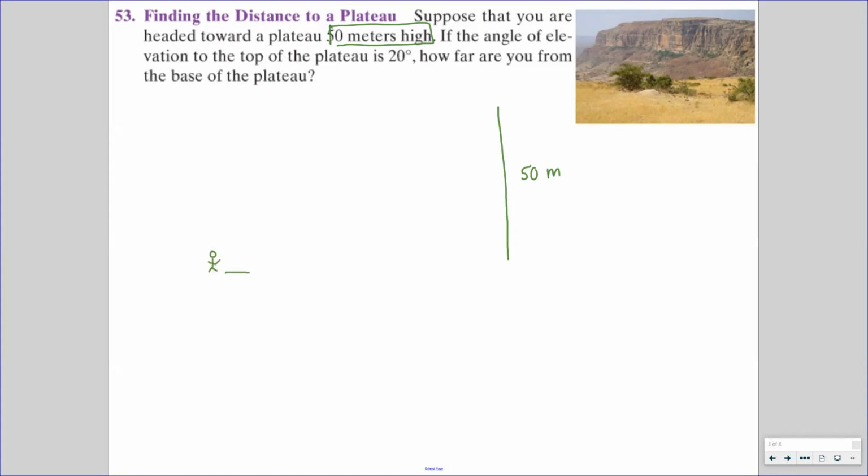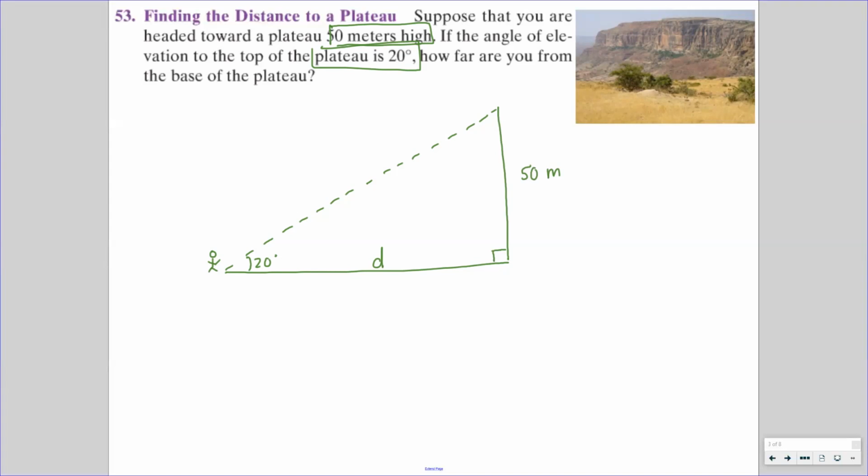All right, that would be the angle of elevation there from the horizontal going upwards. And then the last thing we want to know is how far we are from the base of the plateau. So we're solving for this distance here, the base of that right triangle. We're going to assume that the plateau makes a 90-degree angle with the ground.